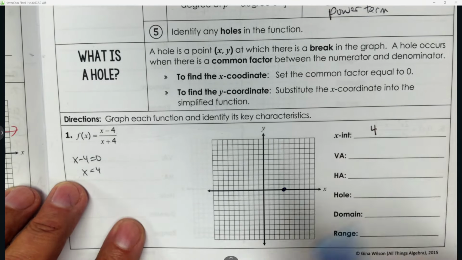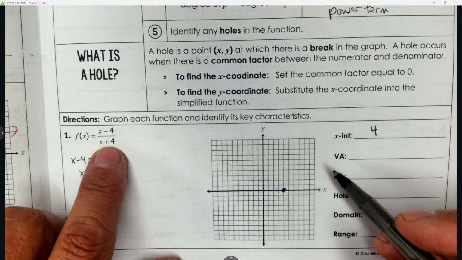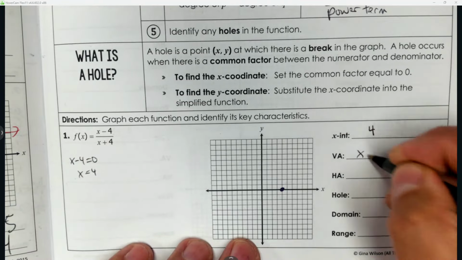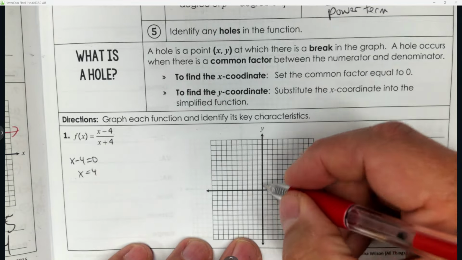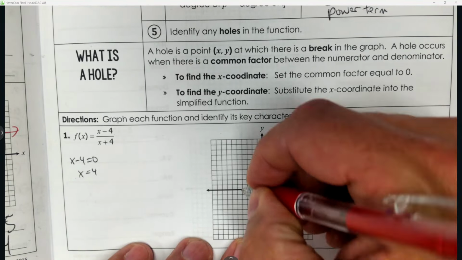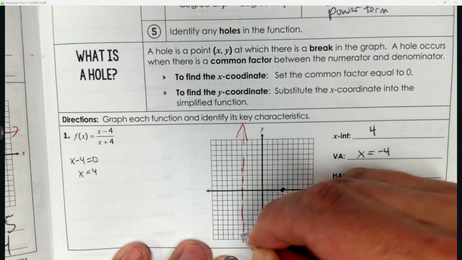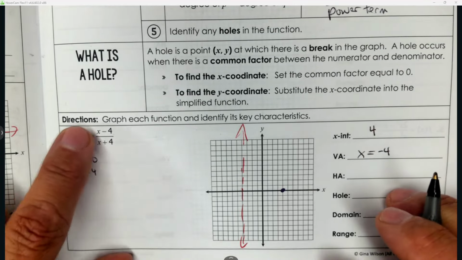There it is. Our vertical asymptote is the 0 of the denominator, our h. Remember, it's the opposite number, so it's negative 4. So I'm going to draw a vertical line at negative 4. Our horizontal asymptote, we look at the degree.